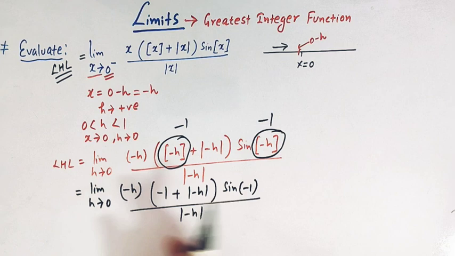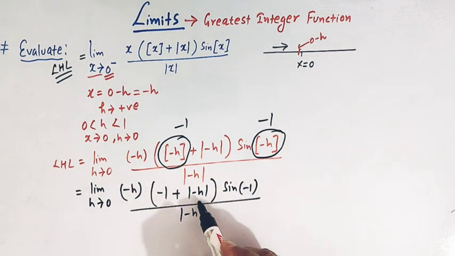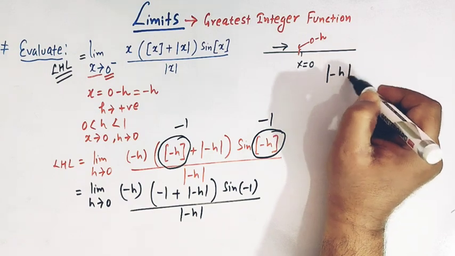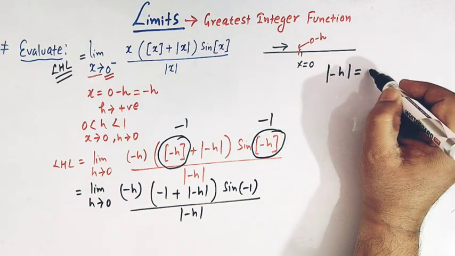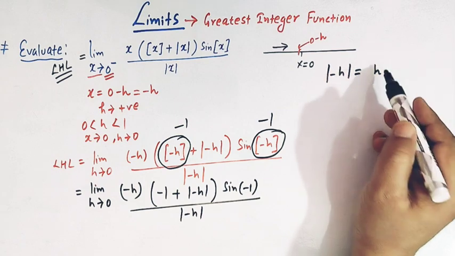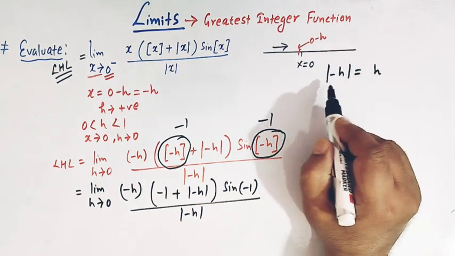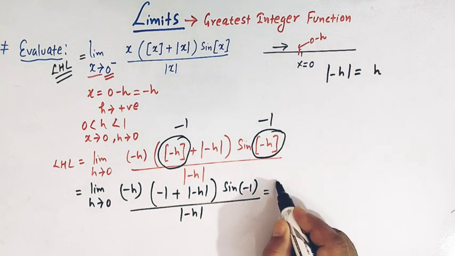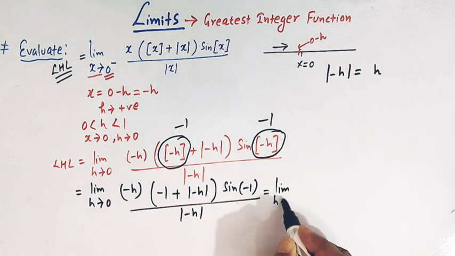So now viewers, we have to take care of this mod of minus h, right? So mod of minus h is equal to positive h, by definition of the absolute value function, right? So now this limit can be written as limit h tends to 0.